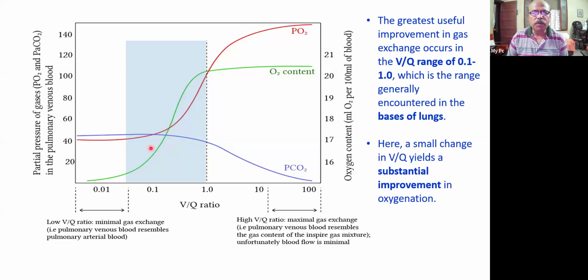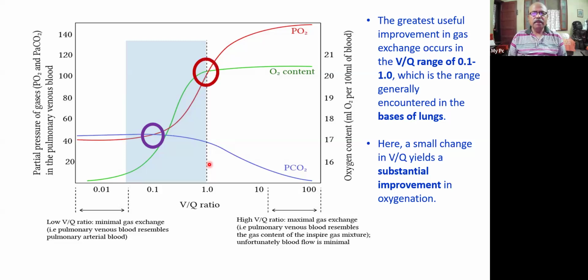A small change in the VQ will yield a substantial improvement in the partial pressure of oxygen, the oxygen content, but there is not much difference in the PCO2 level. So this is where the PCO2 and the PO2 are taking off.